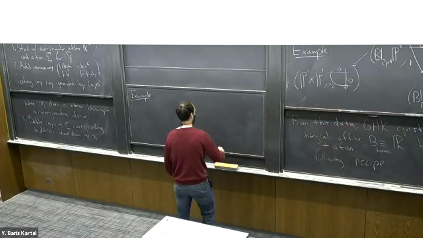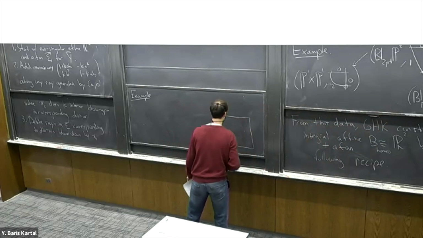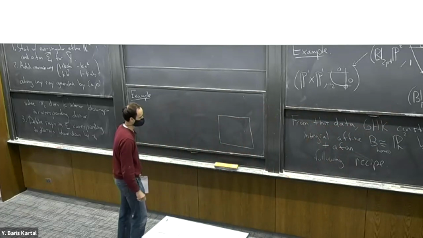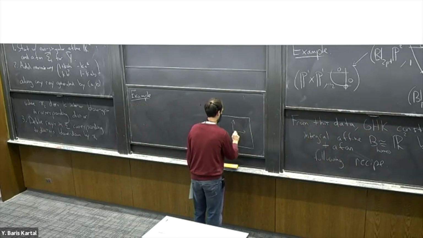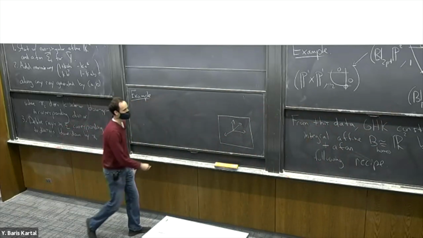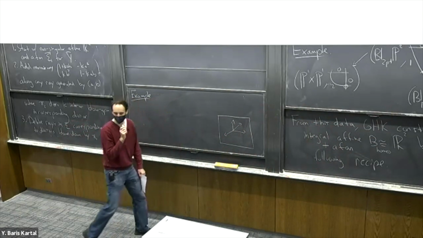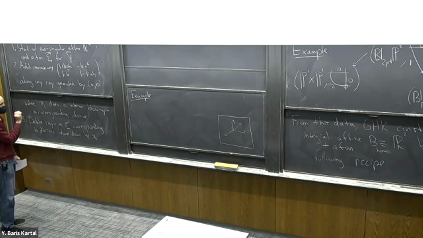So I start with the blow up at a point of P2. So I have some kind of flat R2. And I draw the fan of this, or a fan of that. Sorry, no, the fan is, in this case, still at the origin for now.